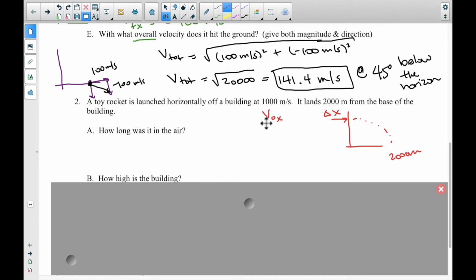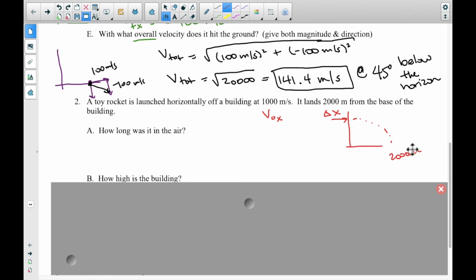Well, since we are talking about the x direction, we know that that is a constant x velocity, right? That velocity does not ever change. And so this question, even though it's asking about how long was it in the air, which is kind of asking when does it fall in a way, we know that constant velocity and we know the distance. So it doesn't really matter if it's thrown through the air or if it's rolled on the ground. Either one, the height doesn't really matter.